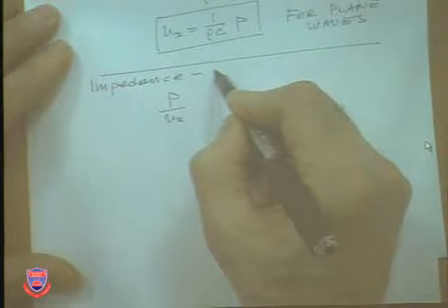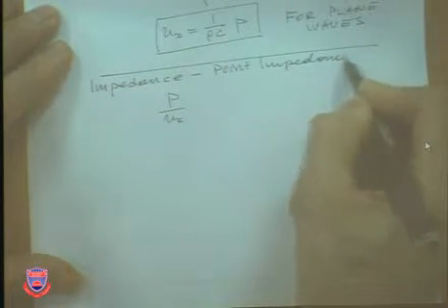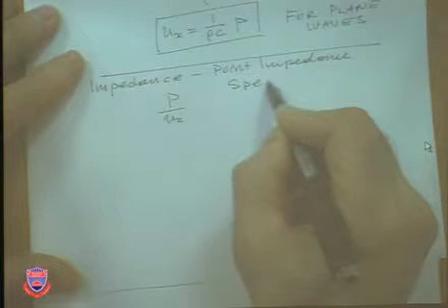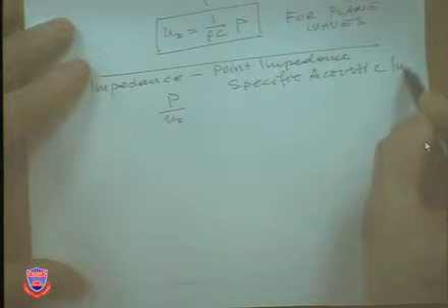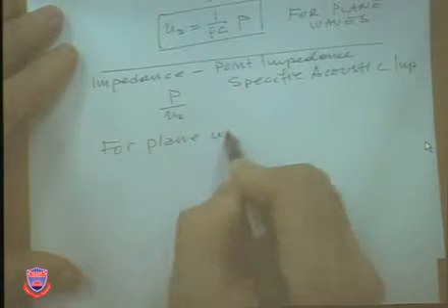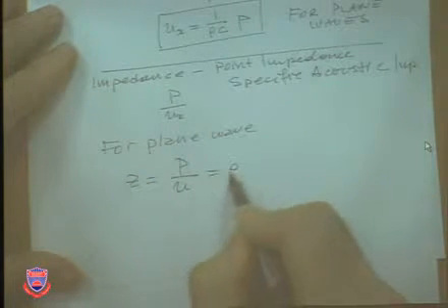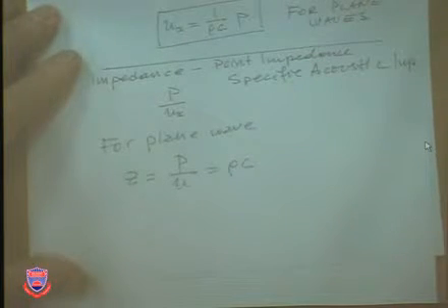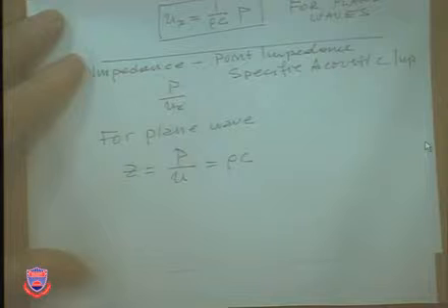But this is a point impedance, or we also call it specific acoustic impedance. So for a plane wave, the acoustic impedance is a constant. Rho times c, as simple as that, okay? For a plane wave only.